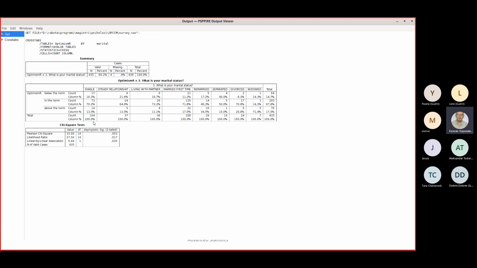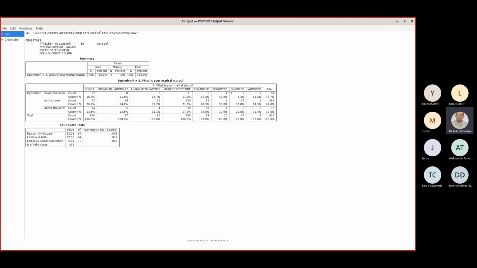We must compare percentages in the columns, and here we can see that, for example, in the group of separated, the percent of persons below the norm is highest among all groups.